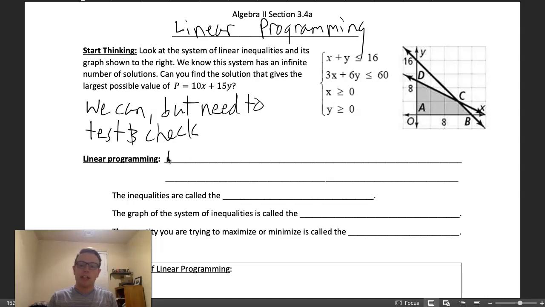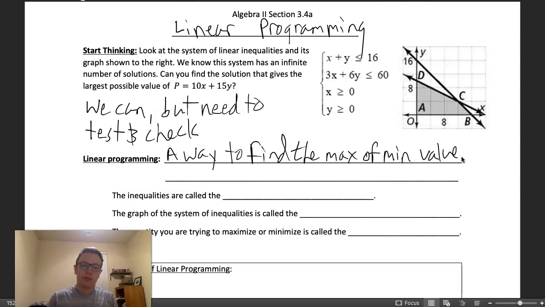So linear programming is a way to find the maximum or minimum value of a quantity like p, if we're given some constraints, if we're given something to limit it.